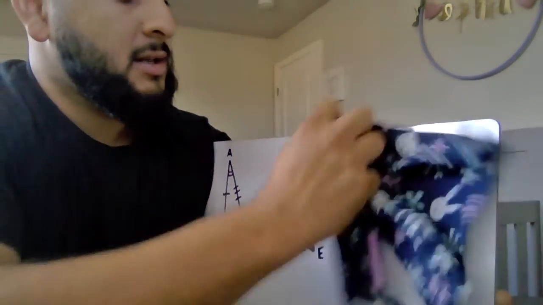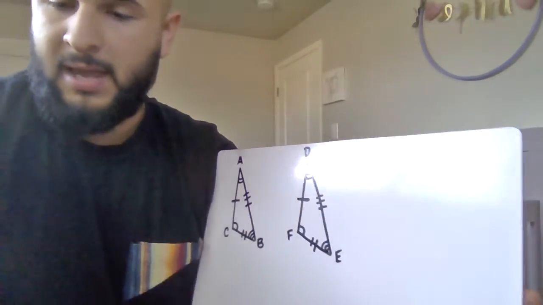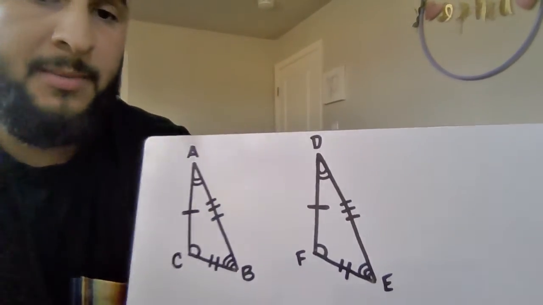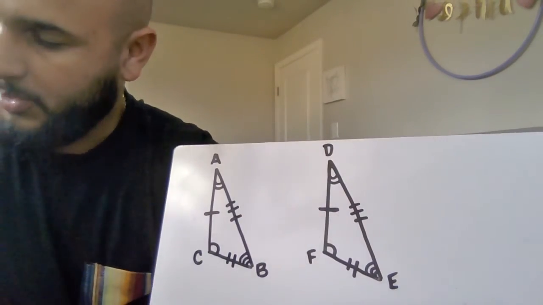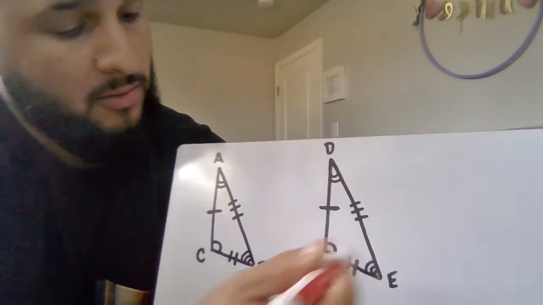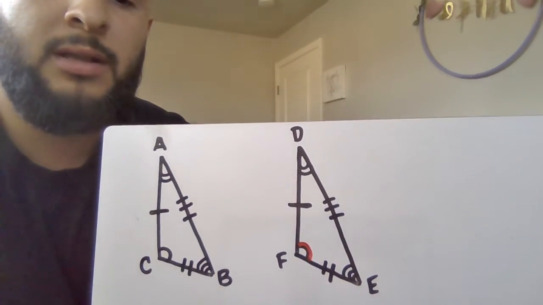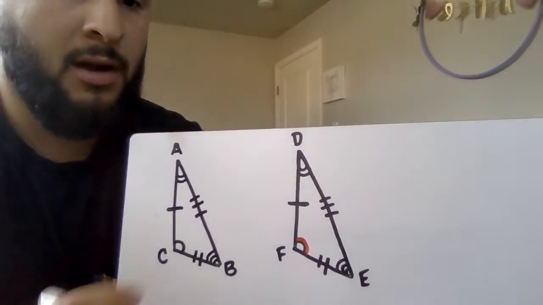Okay, now let's name some angles, and I'm going to use three letters to name an angle. I'm going to use a different color. Let's name this angle right here. Some people would call it angle F, but we're going to use the long name.